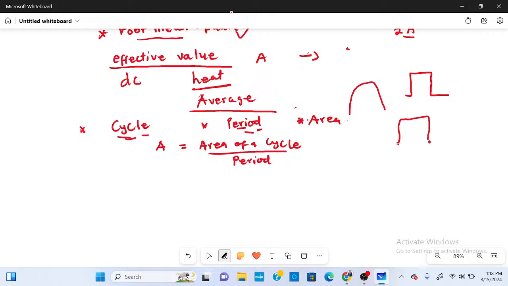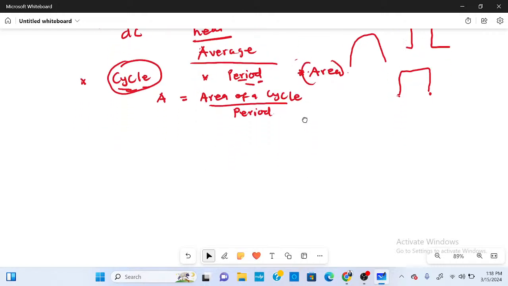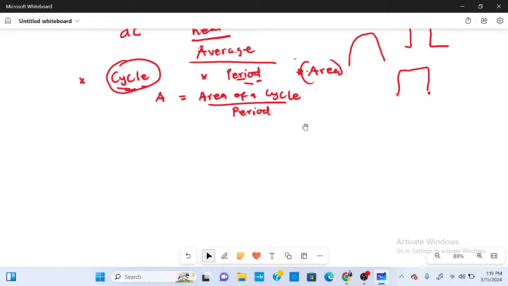So it's just the time taken for one cycle. So that is the period. Then now we just find the area. Depending on the nature of the signal, we can find the area of that particular cycle. So given this, we can go ahead to solve some problems here.